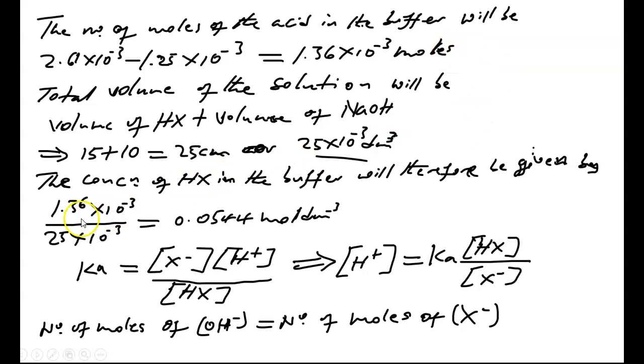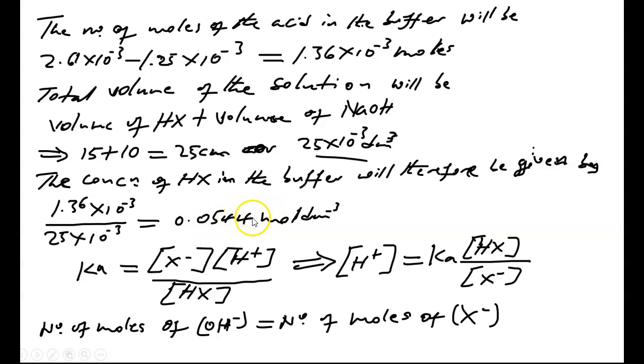So we can divide the number of moles of the acid in the buffer system by the total volume in dm³, and that will give us the concentration of the HX, the weak acid, in the buffer system.